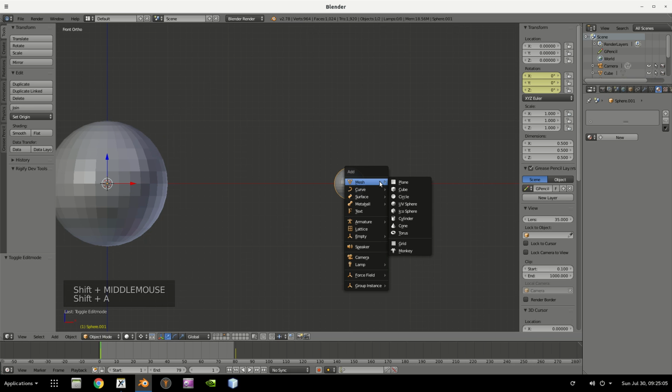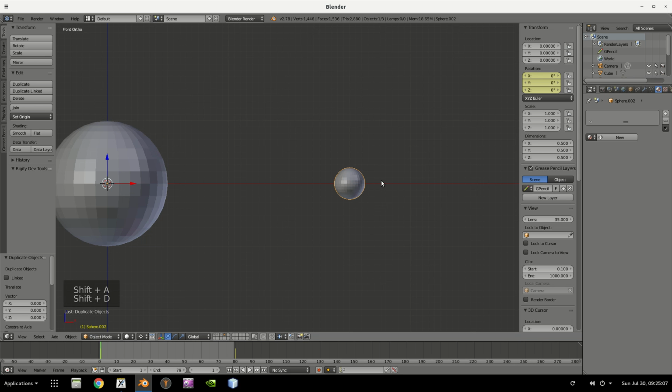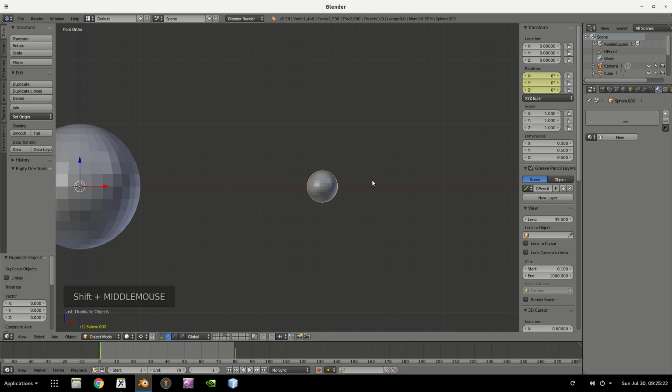Yeah, you just make another copy of this, Shift D to duplicate, right? And then the moon needs to be a lot smaller than the earth itself. I'm not going for a particular scaling or realistic value, but let me just make it half as big. So that's the moon.